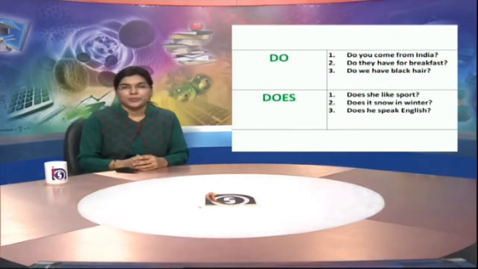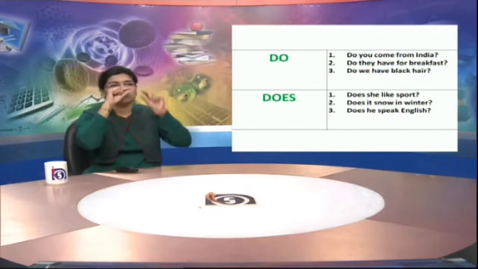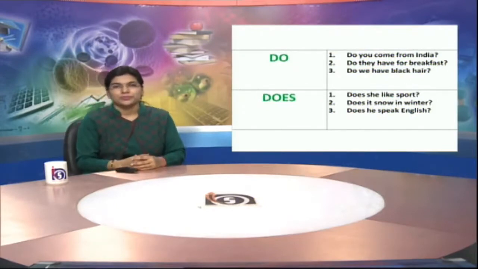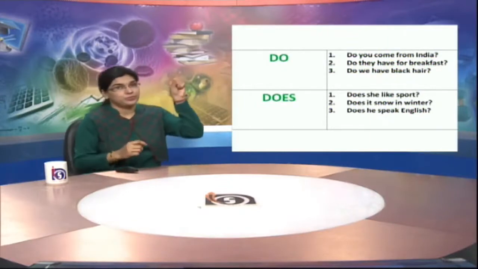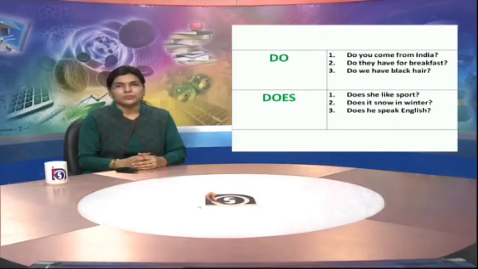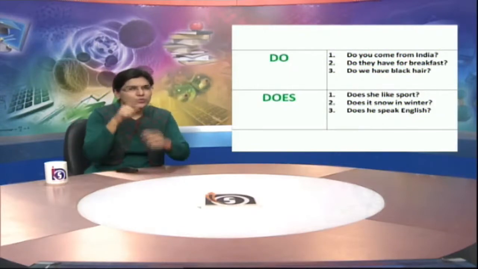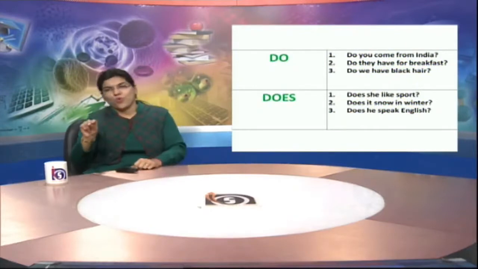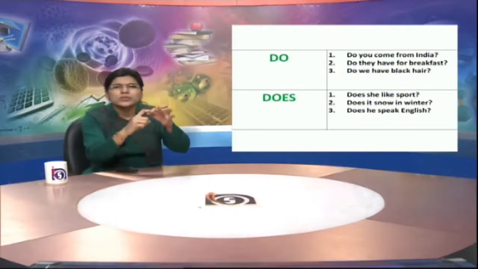So you see do, these are the examples. You can see it. The first example is, do you come from India? It's a question where do is used. And the answer will be yes or no. No, I'm from other place.